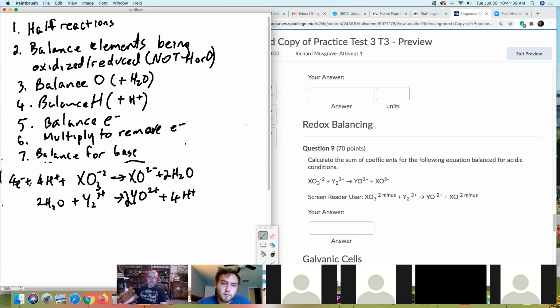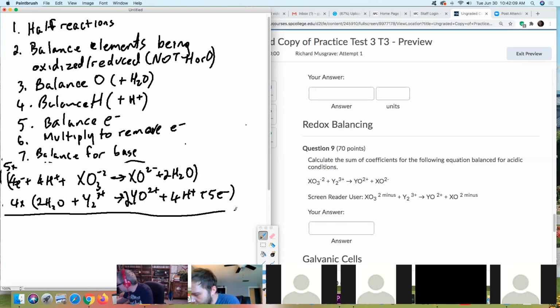So how many electrons? 5 electrons on the right. Yes, there we go. I'm just going to start balancing this out.